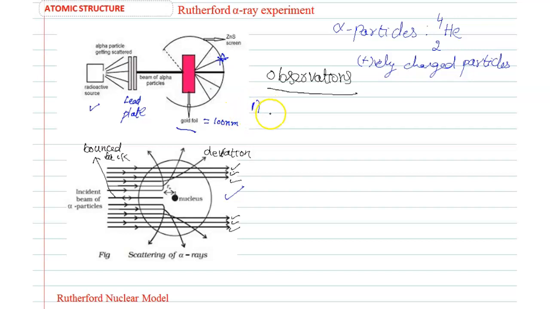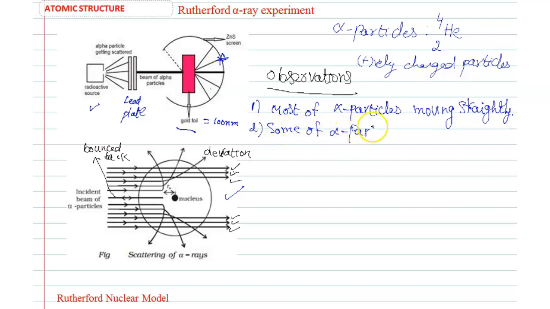The first point is that most of the alpha particles move straight. This is the first observation. The second observation is that some of the alpha particles are deflected, meaning deviations occur.